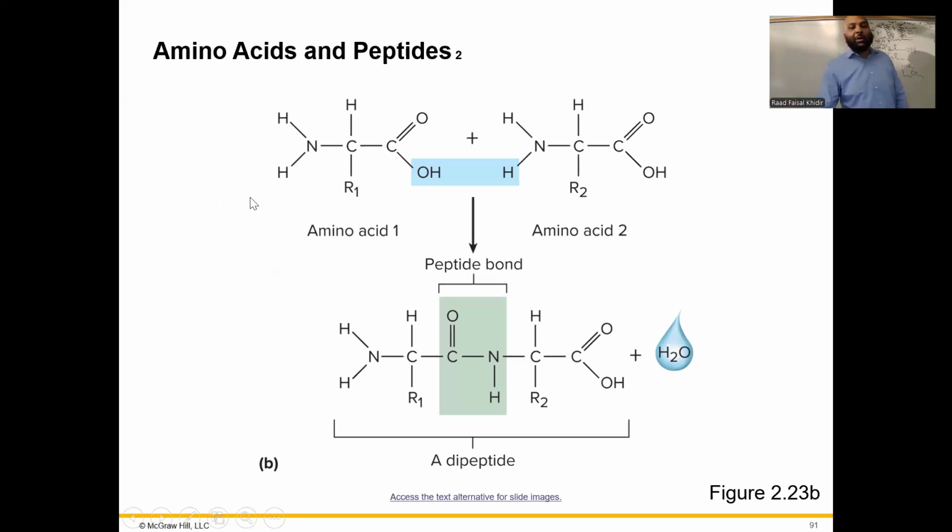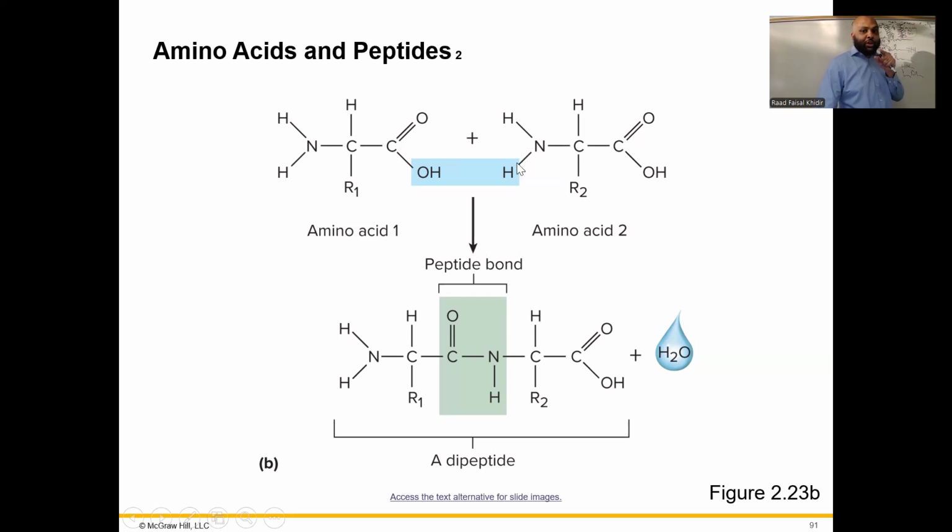So these are the amino acids. You were saying earlier you were having trouble understanding the difference between hydrolysis and dehydration. So if you look at this slide now, that's amino acid number 1, and that's amino acid number 2, and that's the H of the amino terminal.